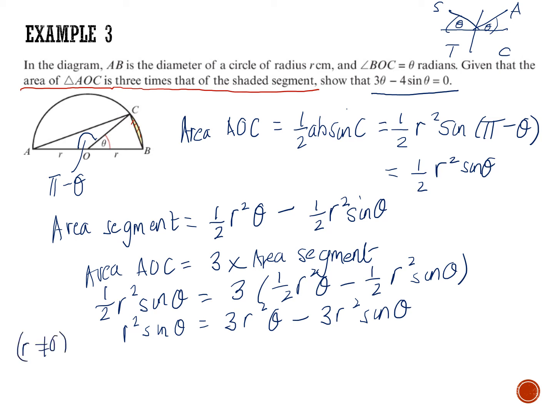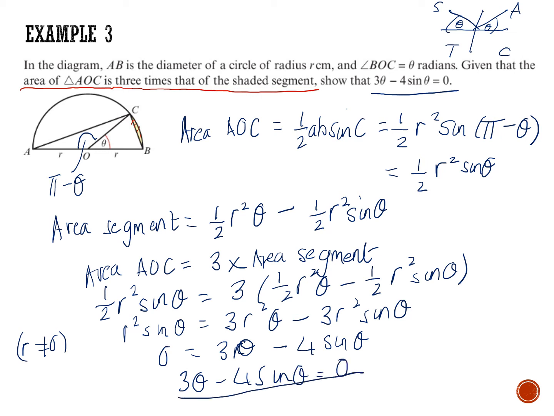So they can disappear. Let's pop it all on one side, so I'm going to collect it over that side. 0 is 3 theta, we've got rid of the r squared, 3 theta minus, okay, I've taken a sine theta over, so I end up with 4 sine theta. Okay, and that gives us what we want. Just write it the other way round, 3 theta minus 4 sine theta equals 0.